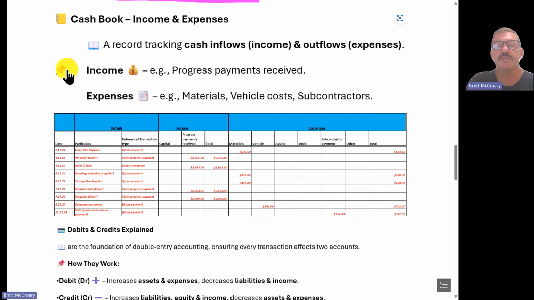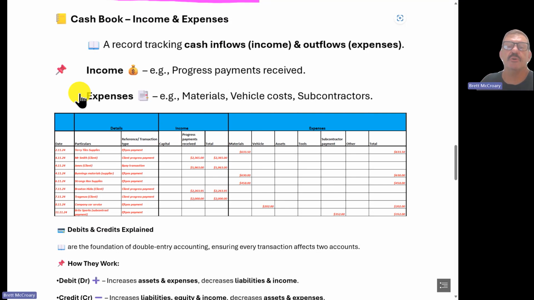As a builder or a subcontractor of any trade, you will mostly be receiving income from progress payments. Expenses, there will be a larger list of expenses: materials, vehicle costs, subcontractors' payments, tools, and others.